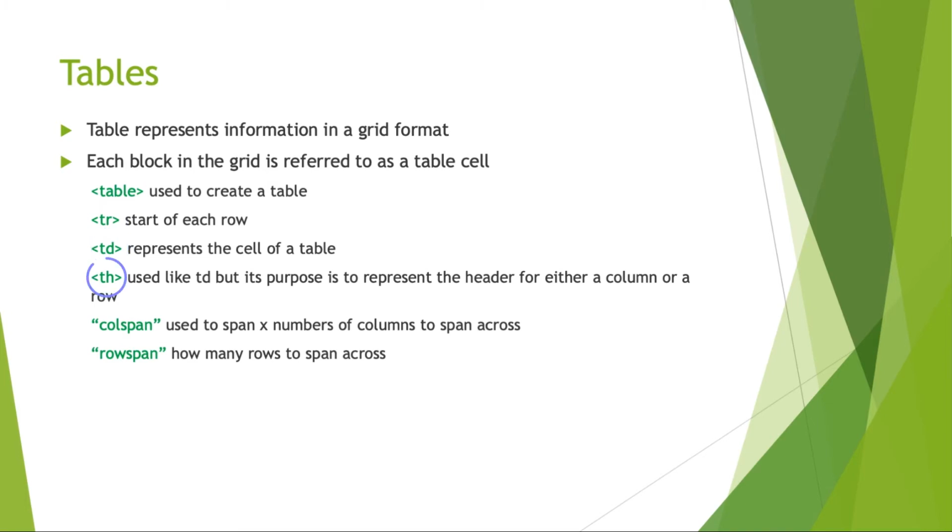TH is used like TD, but its purpose specifically is to represent the header for either a column or a row. Then we have the colspan, or column span, used to span X number of columns across, or the rowspan, and that's the same thing for rows, how many rows to span across.